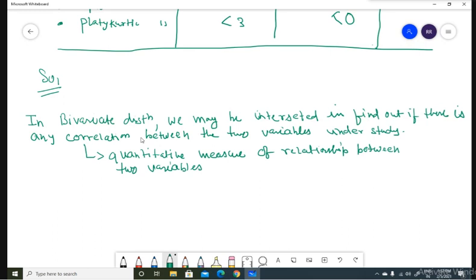Okay, and obviously there are two types of correlation. First is positive correlation and second is negative correlation.